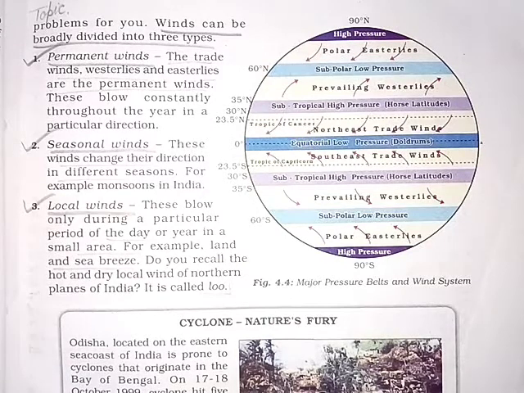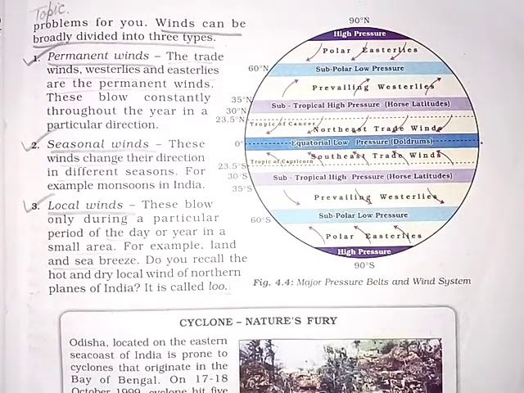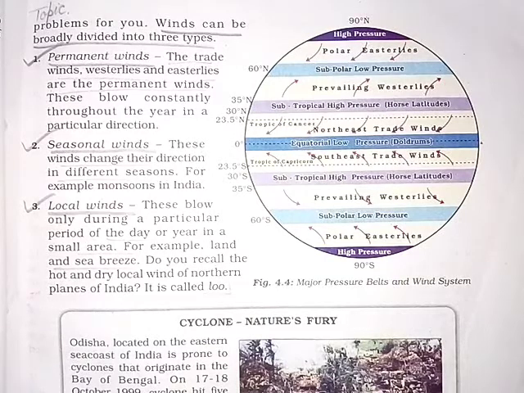Winds can be broadly divided into three types: permanent winds, seasonal winds, and local winds. Permanent winds: the trade winds, westerlies and easterlies are the permanent winds. These blow constantly throughout the year in a particular direction.